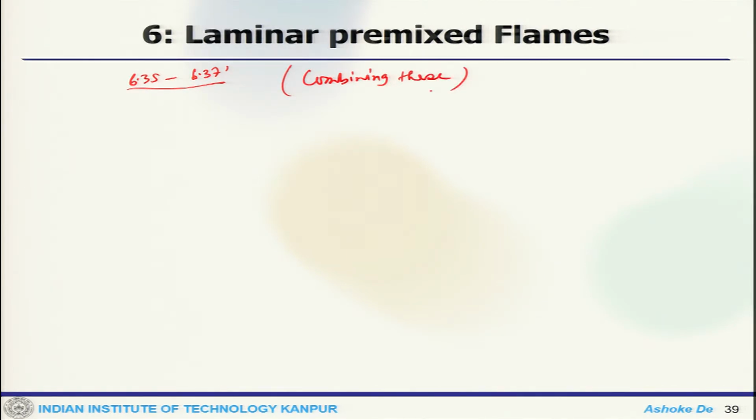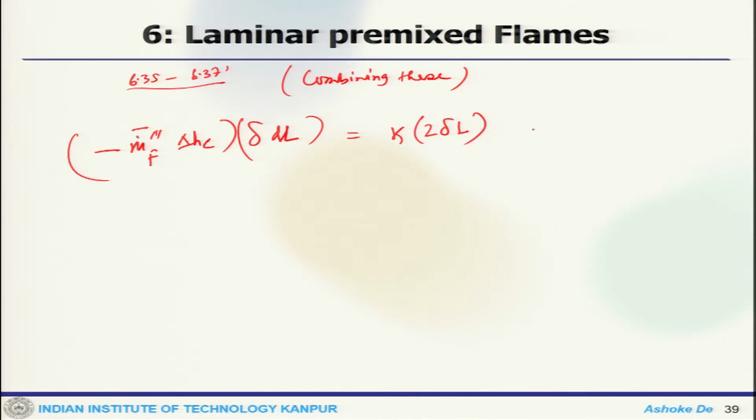What we get is minus delta Hc times omega dot delta dL equals kappa 2 delta L Tb minus Tw by d by b.